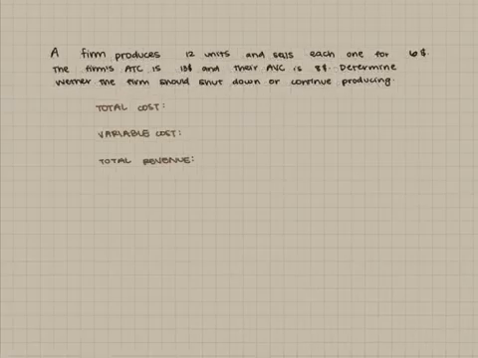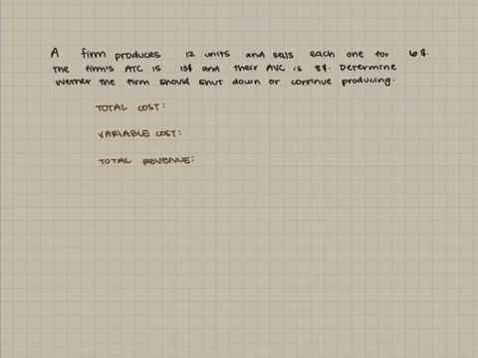So now we need to determine three things: the firm's total cost, variable cost, and total revenue. To find the total cost, we will multiply the ATC by the number of units sold. So in this case, it would be $13 times 12 units, which equals $156.